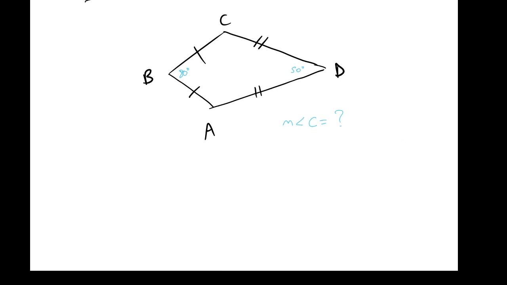The measure of angle C is going to be congruent to the measure of angle A. So we don't know that guy. It's just going to be x. So x plus x plus 80 plus 50 all have to have the sum of 360, remember, it's a quadrilateral. So I have 2x plus 130 is going to be 360.